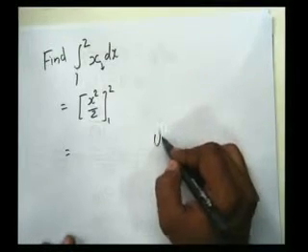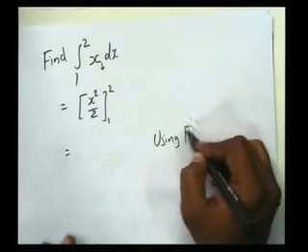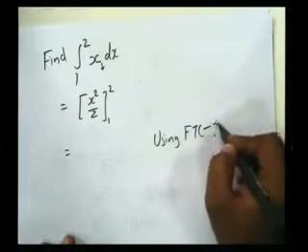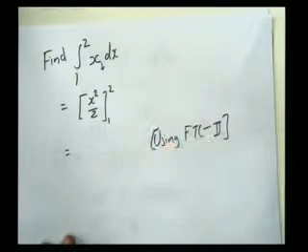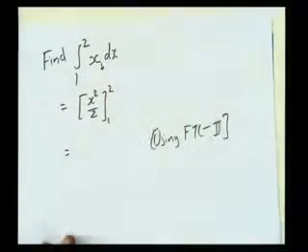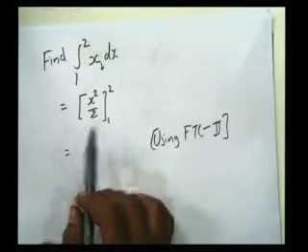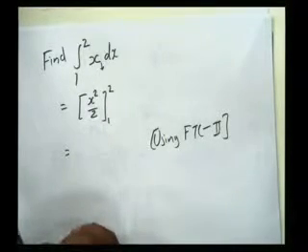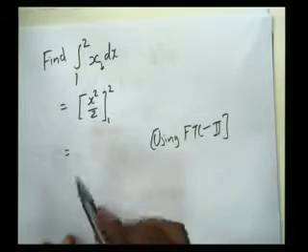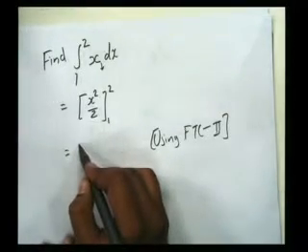Using the fundamental theorem of calculus part 2, the statement says that this value of integration is nothing but the difference of the values of the antiderivative, the upper limit minus the lower limit.